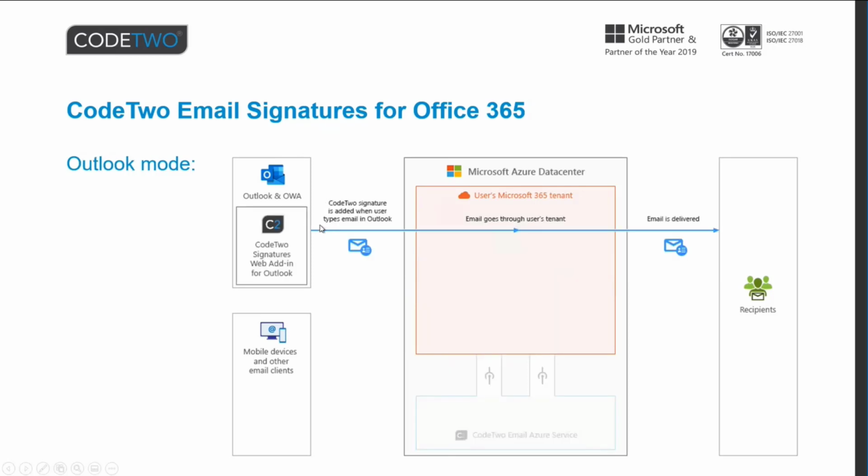And the second, more traditional mode is that you get signatures directly in Outlook as you type, and it uses modern signatures web add-in for Outlook. So the add-in adds your signature, then the email goes through your Microsoft 365 tenant and then to recipients. So it's like a traditional way.